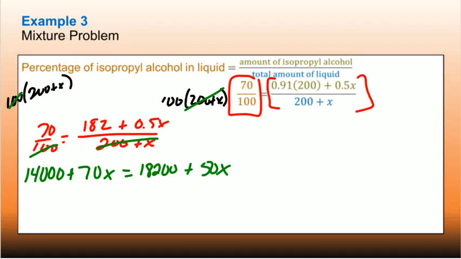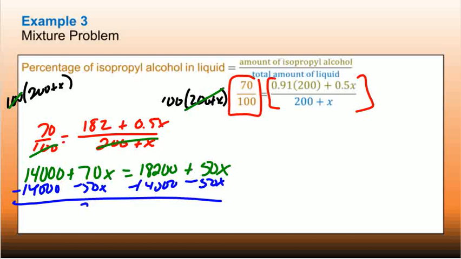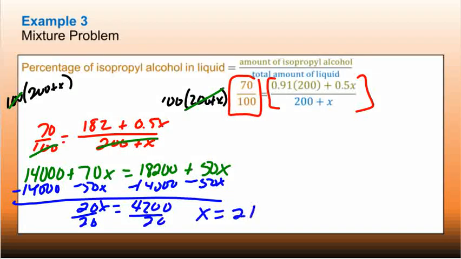Get the x's to one side, so I'm going to subtract 50x. And then I'm going to subtract 14,000. And now I'm left with 20x equaling 4,200 divided by 20. Half of 42 is 21. Knock off a 0 here, so 420, so this would be 210. So I would have a liquid that has 210 milliliters.